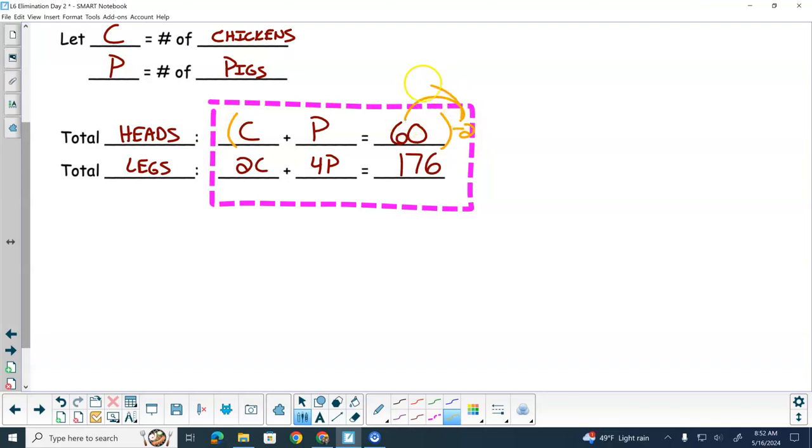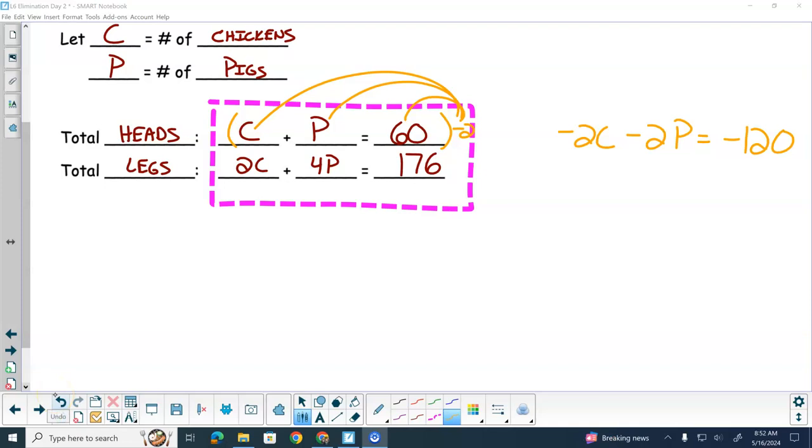So I'm going to multiply there, there, and there. That gives me negative 2C minus 2P equals negative 120. Then we can leave this other one the same: 2C plus 4P equals 176.